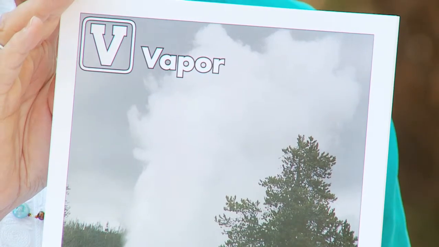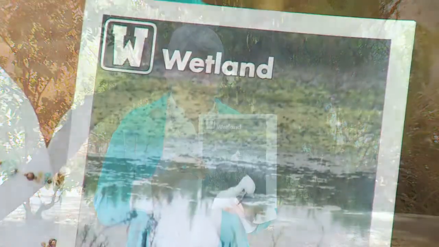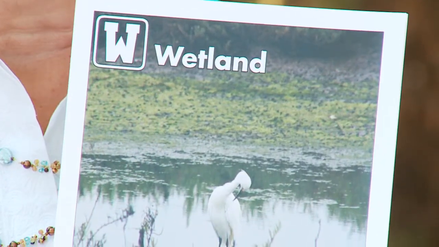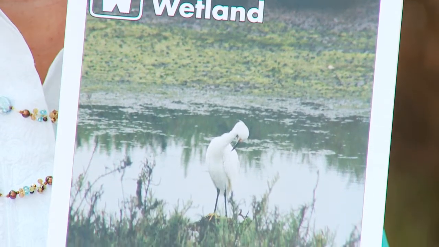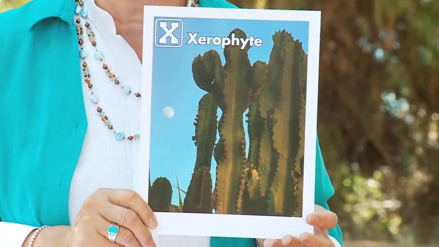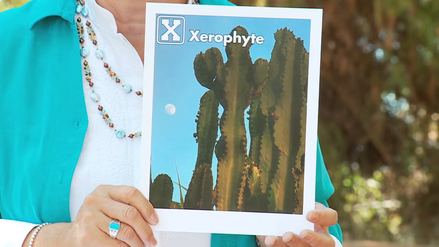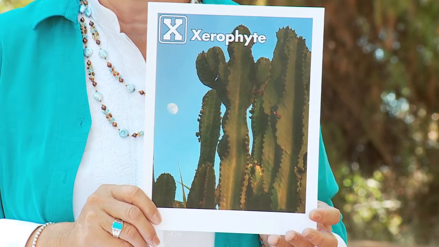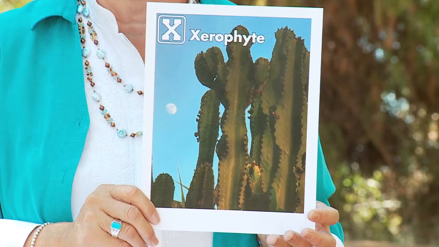Very cool. Wetland. A wetland area is a low area that is saturated with water. A xerophyte. Now, a xerophyte is a plant that can grow in very dry conditions, and it's able to withstand long periods of drought. Are you ready to hear our story?